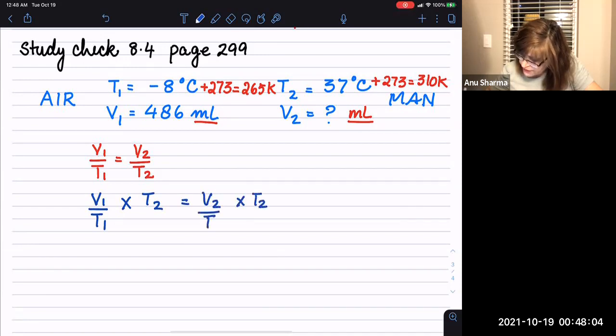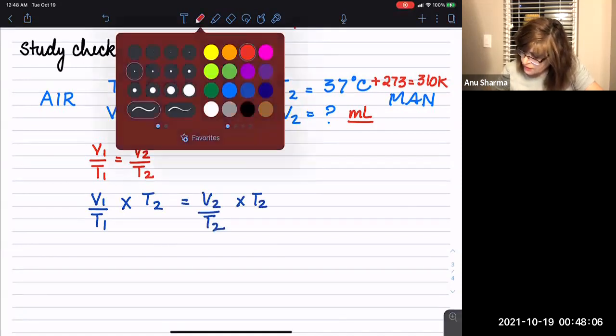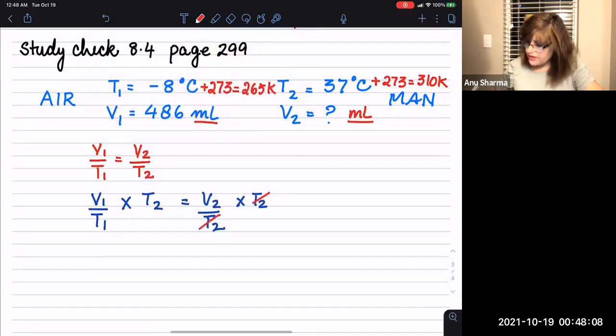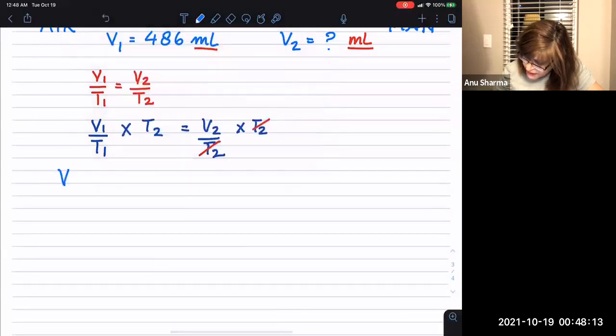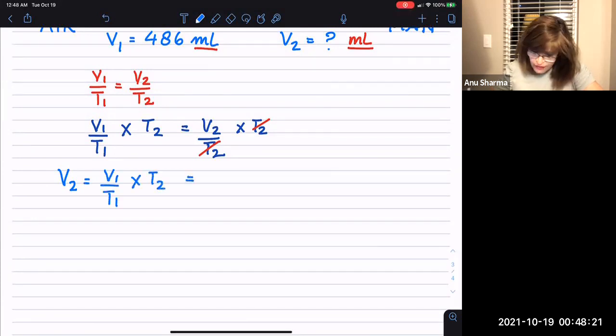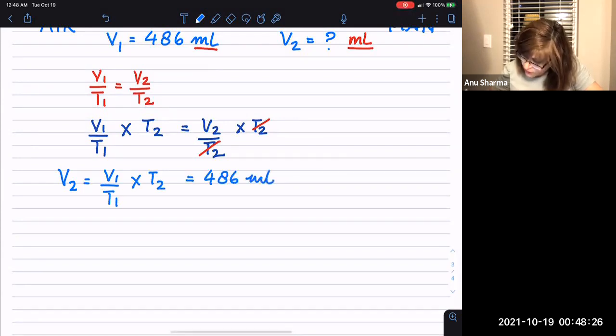So here you cancel out the T2 from this side and you're left with V2. So now just plug in the numbers. So V2, what we are finding, is equal to V1 over T1 times T2, which means V1 is 486 milliliters over the T1, which is 265 Kelvin, times 310 Kelvin.